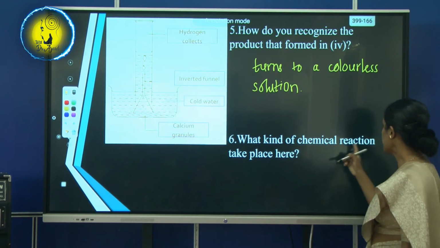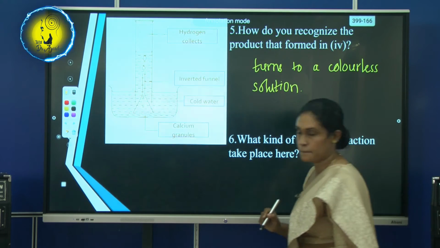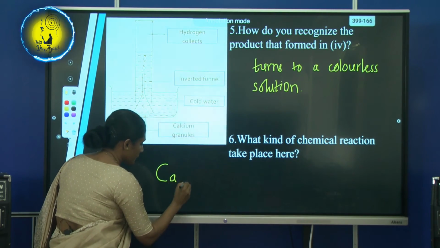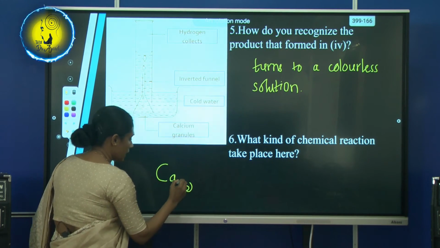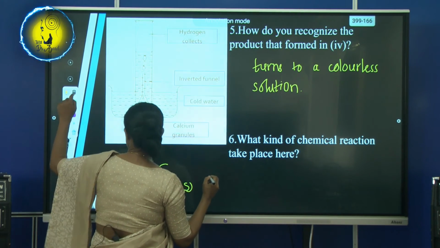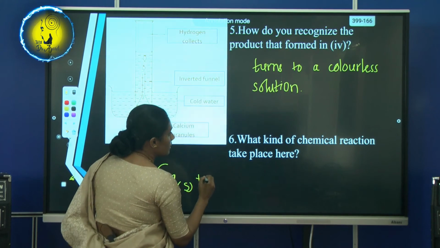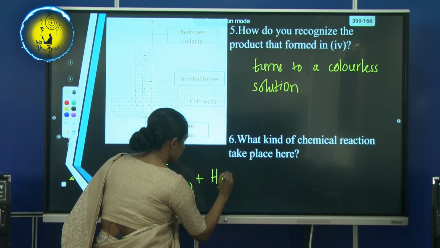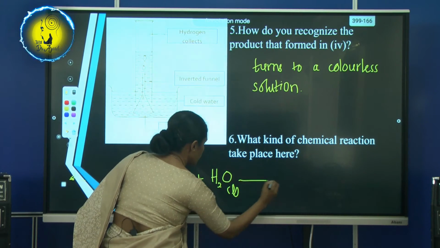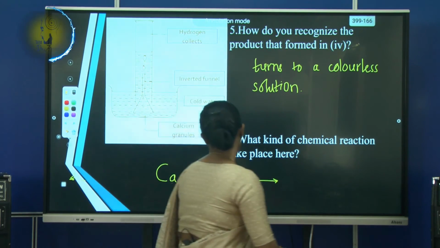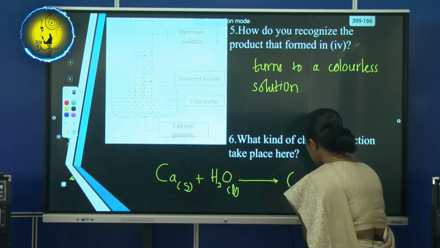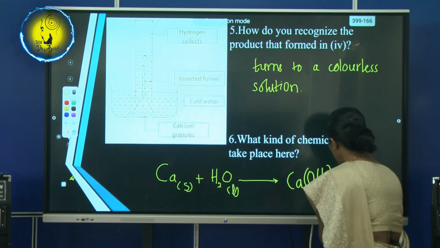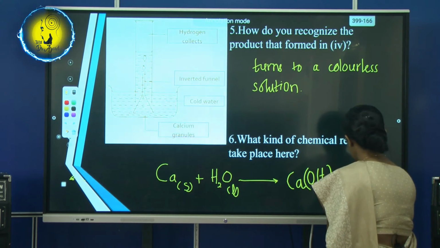What kind of chemical reaction takes place here? Let's write calcium, solid state, with cold water. What could be the result? Calcium hydroxide plus hydrogen.